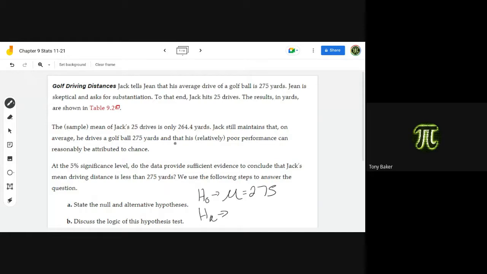So Gene tests it and she gets 264.4, right? So she's saying that his mean is less than 275.